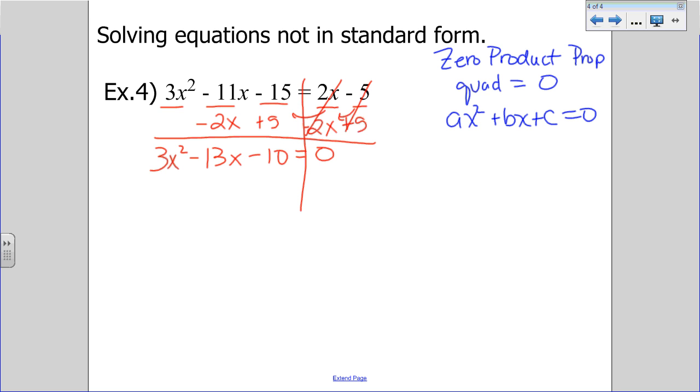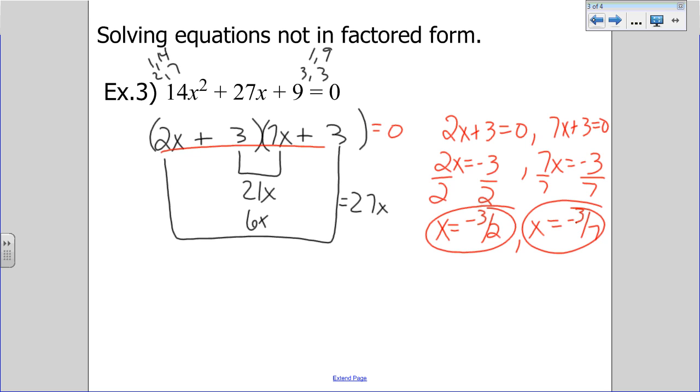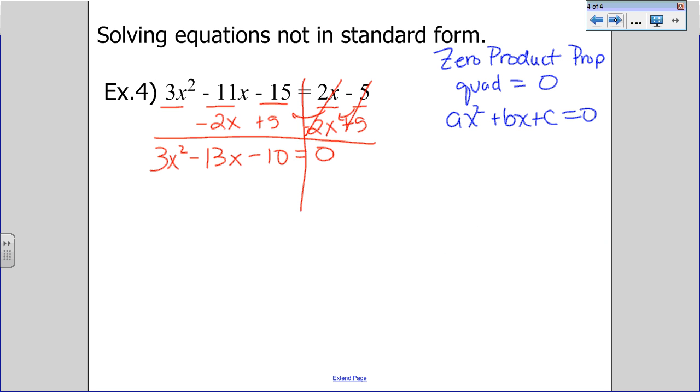Now this looks very similar to what we just had in example 3. So we're going to factor this. We have 3x and x, that's the only way to get 3x squared.